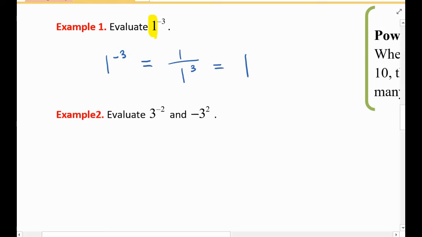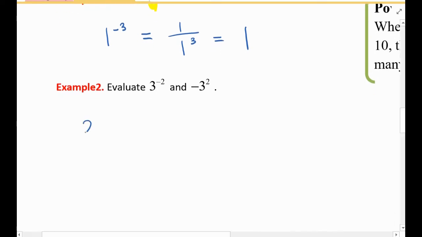Next, evaluate 3 to the power of negative 2. You flip the base, which is 3, so 1 over 3, and you make the exponent positive. So negative 2 becomes 2. So 1 over 3 squared. That is 1 over 9. Next.